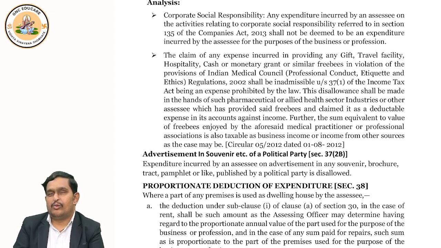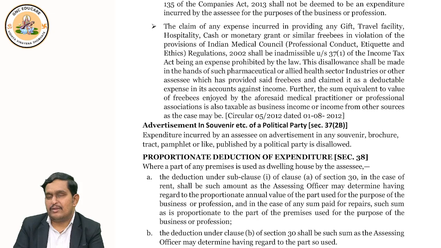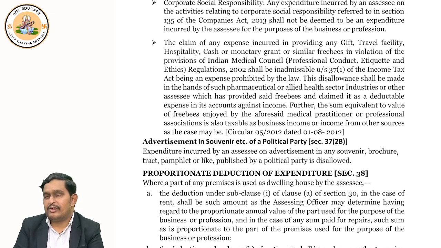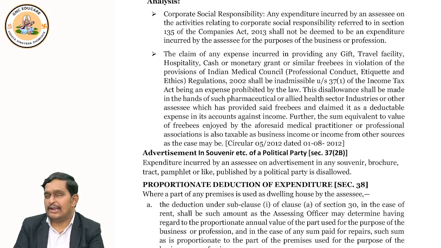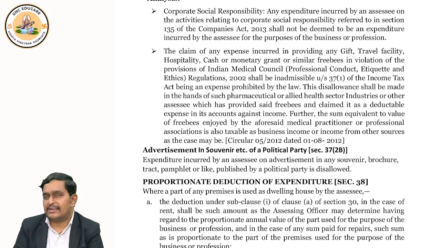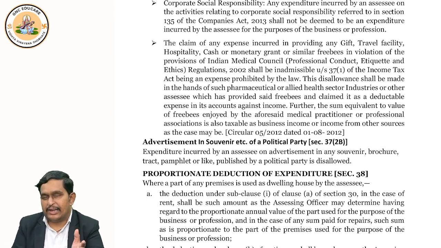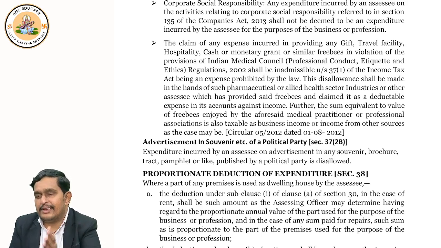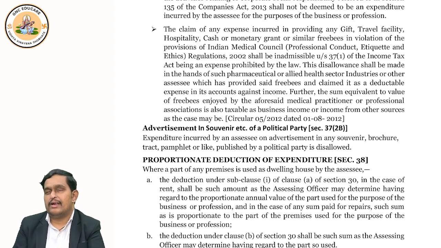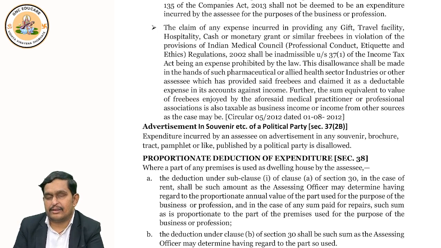Hey, you want to do advertisement in political party souvenirs? You can do, and you will get reach also. Many people read. But you cannot claim as deduction under section 37. So if any advertisement expenditure is incurred for advertisement in souvenirs of the political parties, then that is not allowed as deduction.